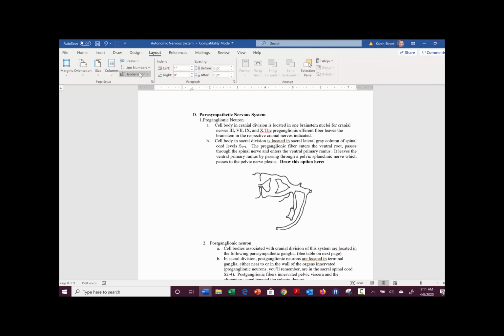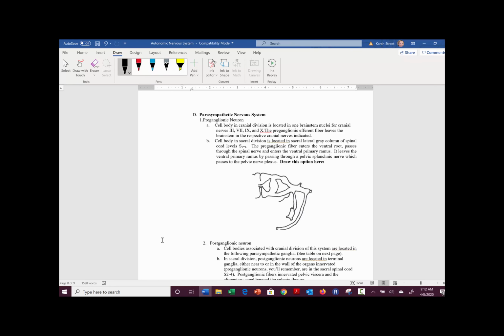All right, so now we're finally at the parasympathetic division, which is a lot easier. Now, where do we find the preganglionic cell bodies? We find them in nuclei for cranial nerves 3, 7, 9, and 10. So they would be found in the brainstem, basically. There's your cerebellum. Midbrain, pons, medulla.